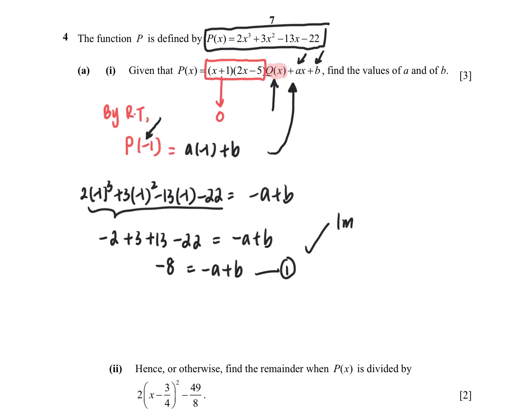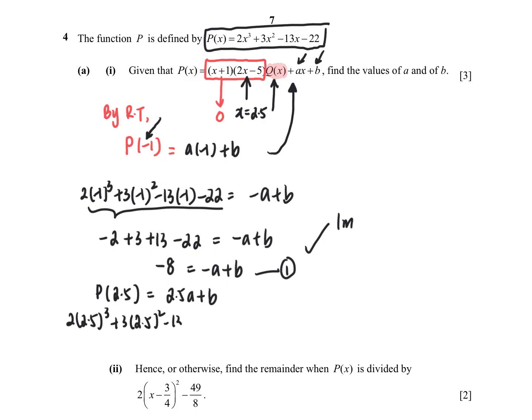The second mark is where you sub in X to be 2.5, so that this whole thing zeroes out. So you're going to sub in 2.5, and then you will get 2.5A plus B. So sub in 2.5 here. You cube it.